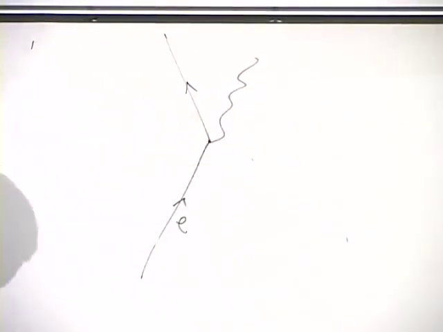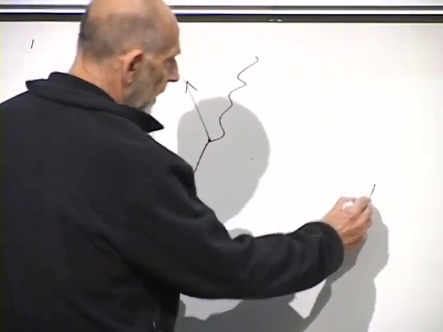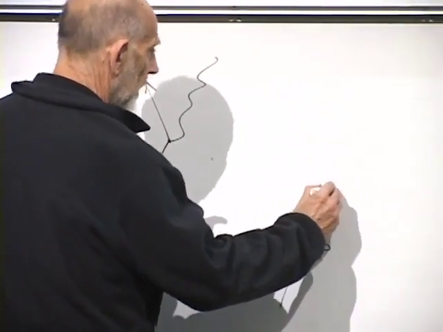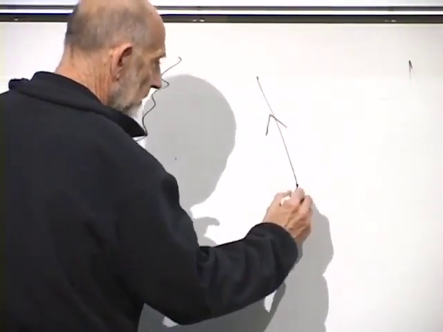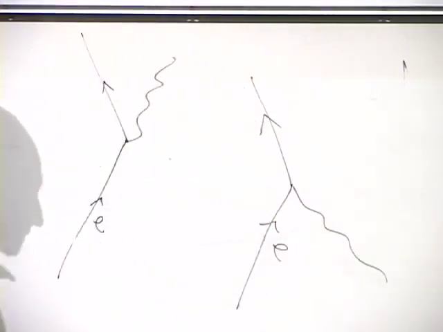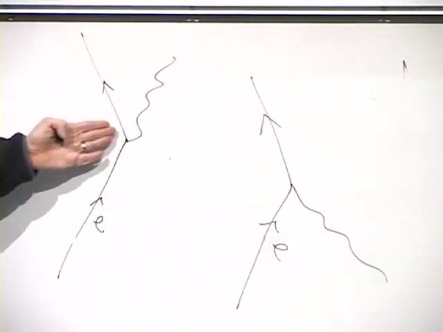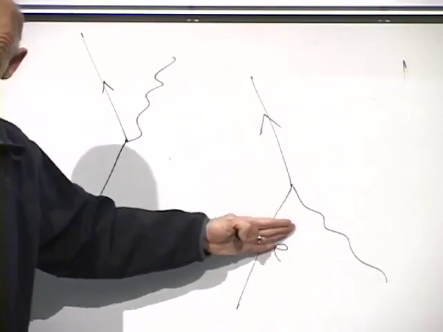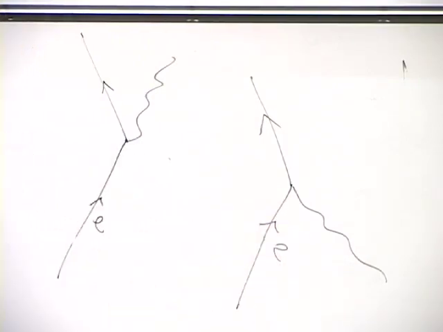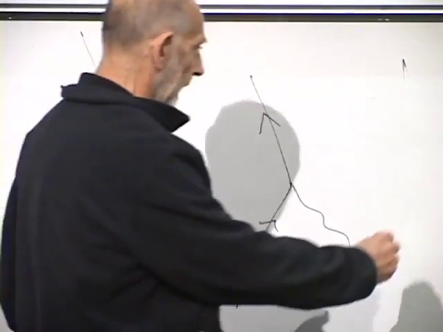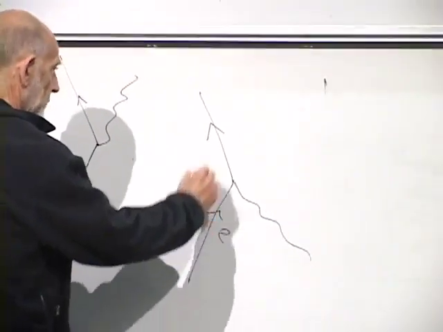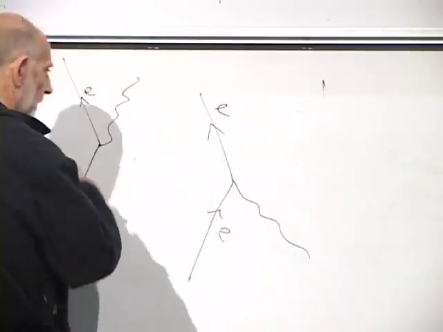That's what this is. We can also have electron comes in, electron goes out, photon is absorbed by the electron. So here's emission of a photon, here's absorption of a photon. Okay, what else can we have? Let's label this, electron, electron, electron, electron.